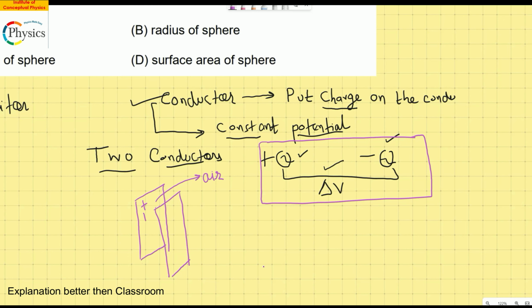This has a uniformly spread charge, this also has a uniform charge all over the conductor, and there is a potential difference delta V between these two. Such an arrangement of two conductors having a potential difference of delta V is called a capacitor. This is the basic definition of a capacitor.